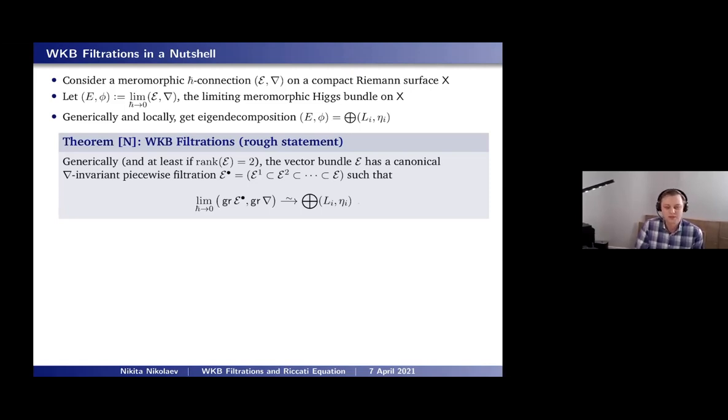It's a flat filtration, so the connection sends the nth piece of the filtration to the nth piece of the filtration.